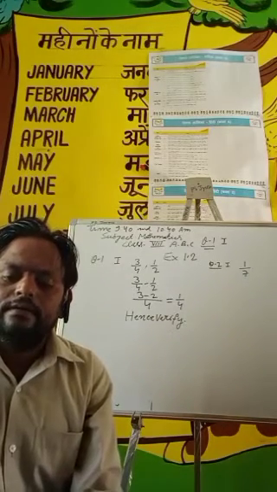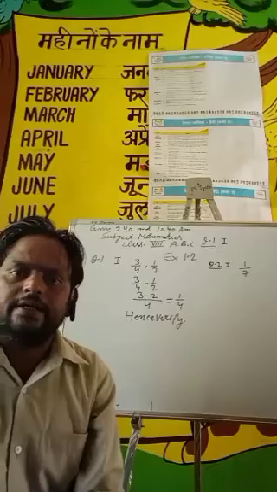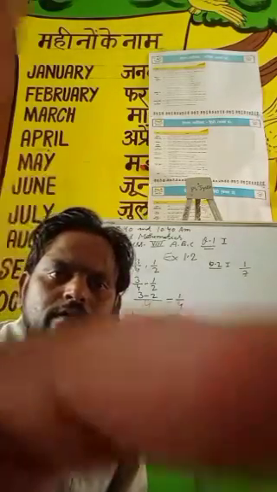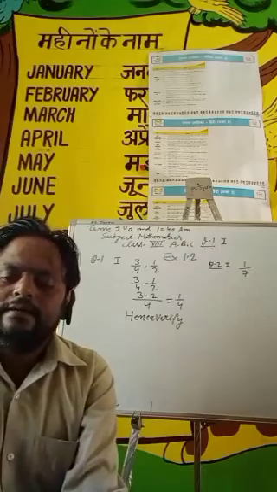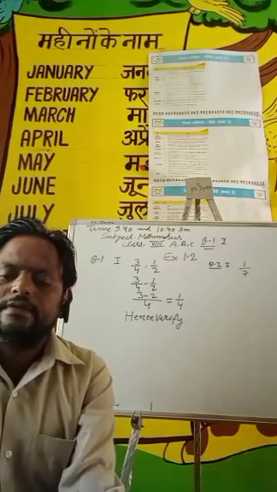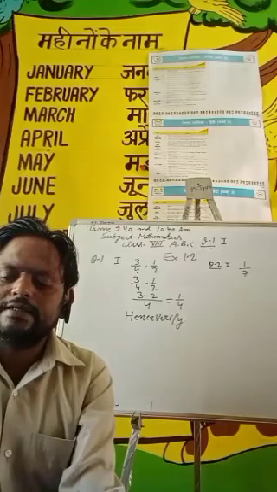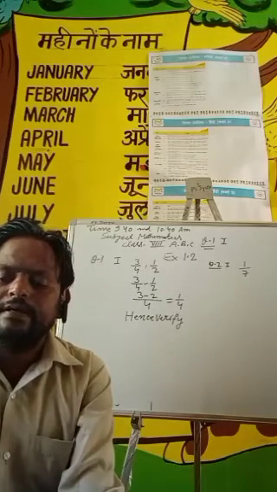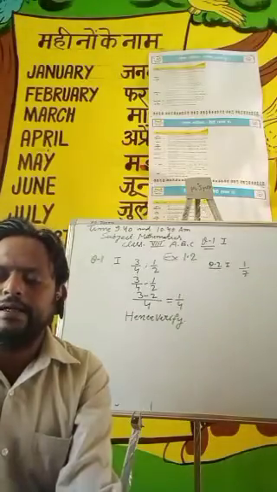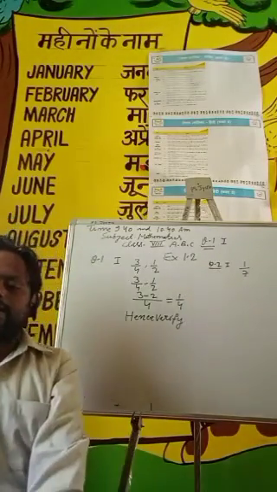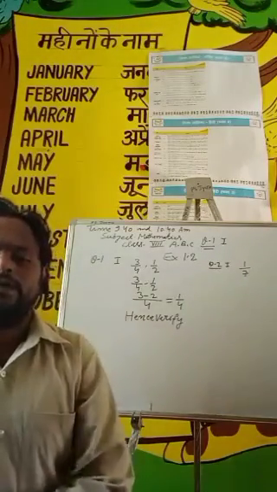And third, associative property of subtraction for rational numbers. And the fourth property, identity property.